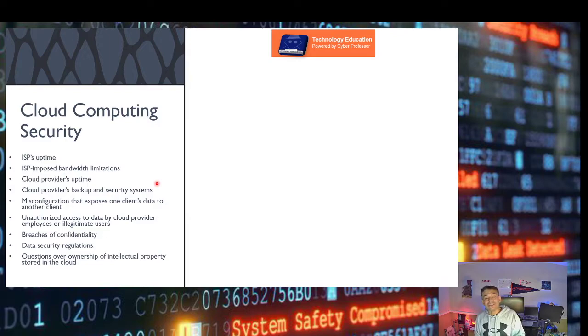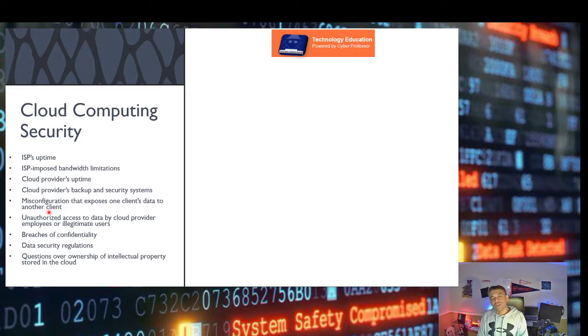You're relying on those cloud providers to have security and redundancy in place so your data is not lost and is always available to you. Misconfiguration that exposes one client's data to another client. So it could be that your applications could be running in a data center that is hosted by Amazon Web Services, for example.